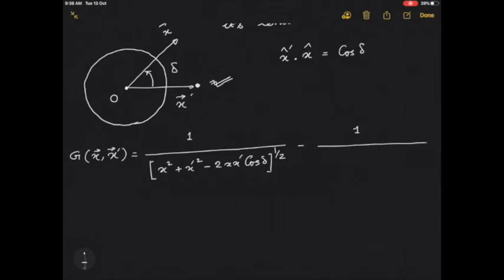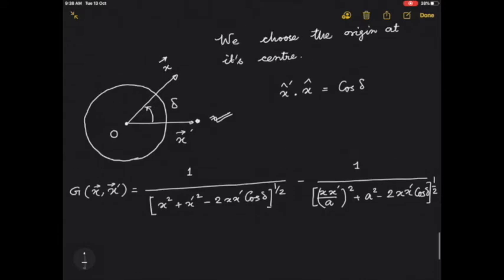This minus, now because it's a sphere, this will be a little bit more involved. a is the radius of the sphere, remember. Okay, this is the Green's function if the boundary is a sphere, and delta is the angle between the direction of x and x prime.